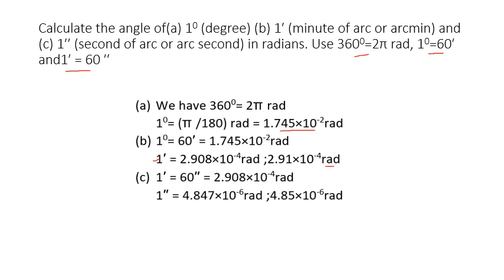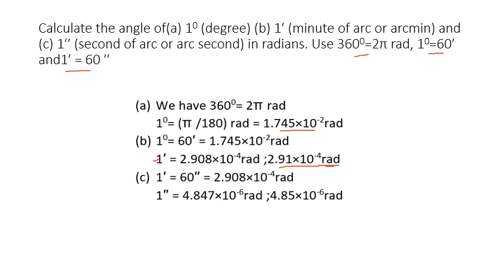Therefore, 1 arc minute is equal to 1.745 into 10 to the power minus 2 radian divided by 60. Okay, then you will get 2.91 into 10 to the power minus 4 radian. I repeat, 1 arc minute is equal to 2.91 into 10 to the power minus 4 radian.